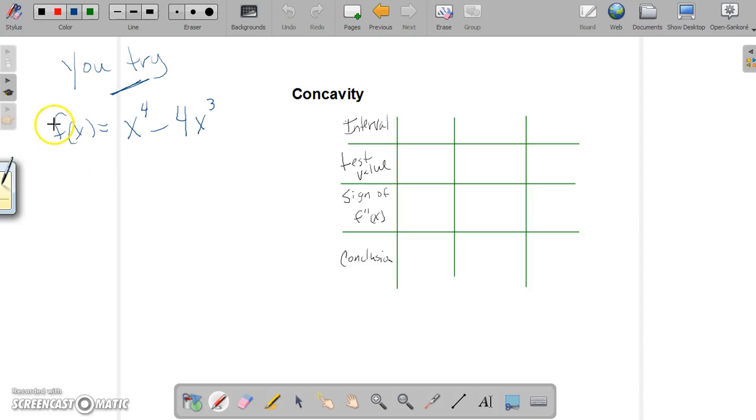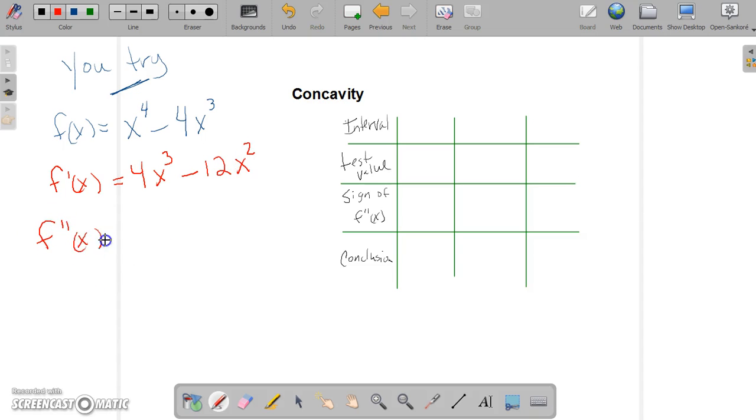Okay, so the first derivative of this, let's get red here, is going to be 4x cubed minus 12x squared. Then we have to find the second derivative, which is going to be 12x squared minus 24x. So hopefully you got that far.